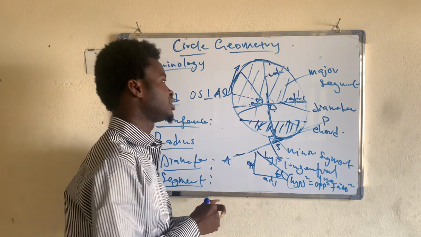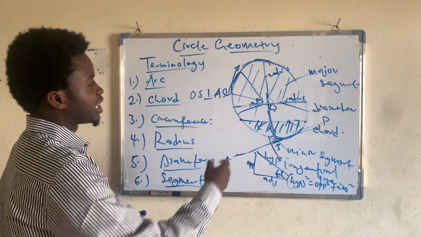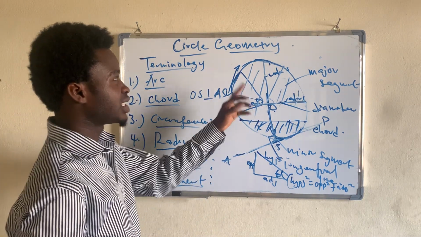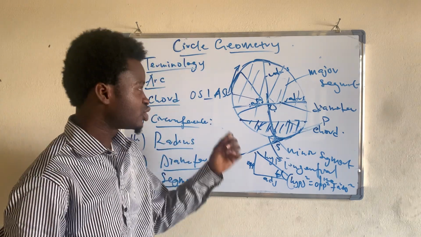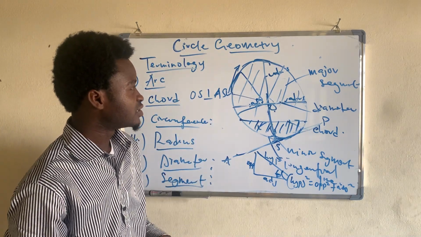So the angle subtended by an arc at the center is double the angle at any other point of the circumference.